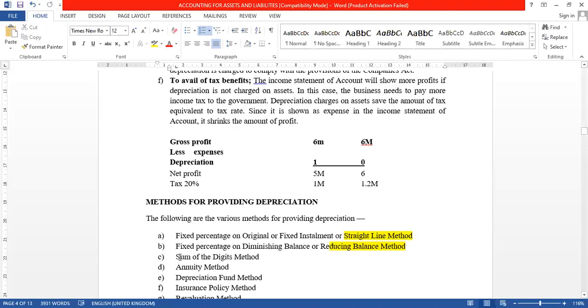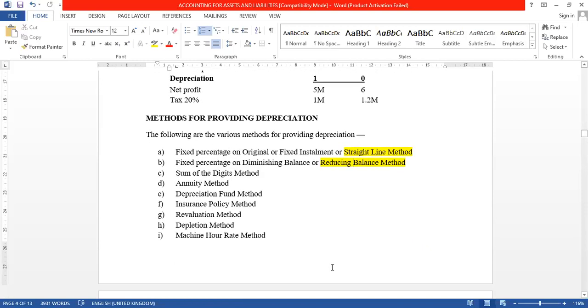Even as I look at the others, I will put a lot of emphasis on these two, because at this level these are the very important ones.